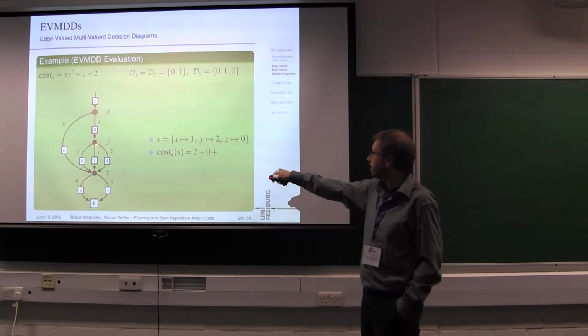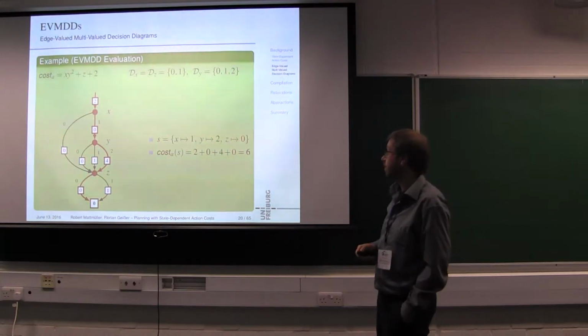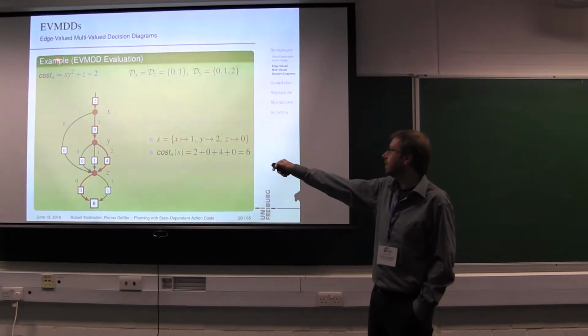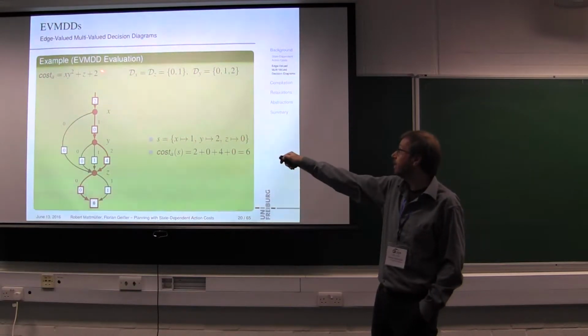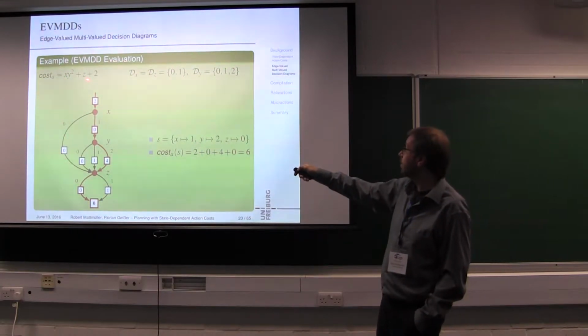Then y is 2, you take this arc, get a partial cost of 4, and test z, 0, partial cost of 0. The sum of these is 6. And you can easily check that if you plug in x=1, y=2, z=0 here, you get the same value. Again, what is it? 1 times 4 plus 4 plus 2, 6.